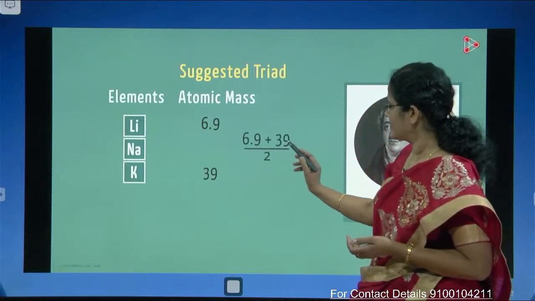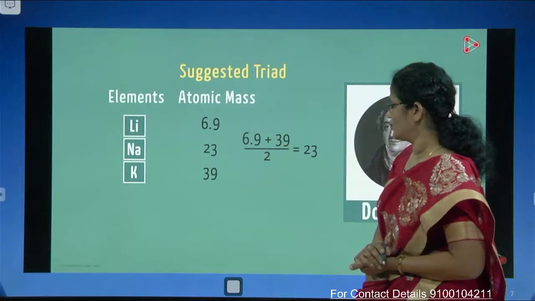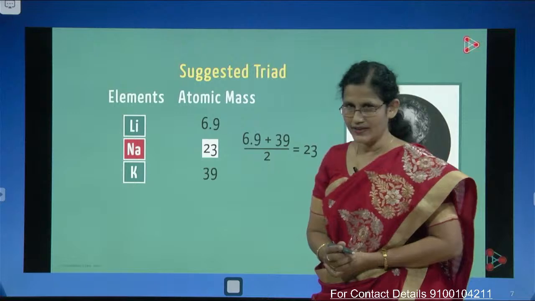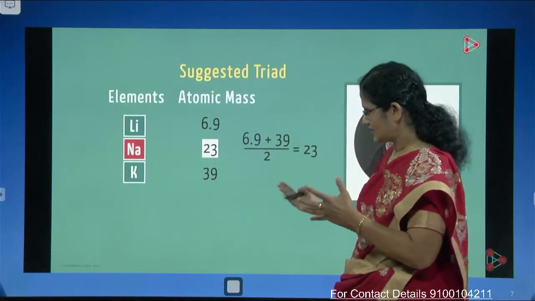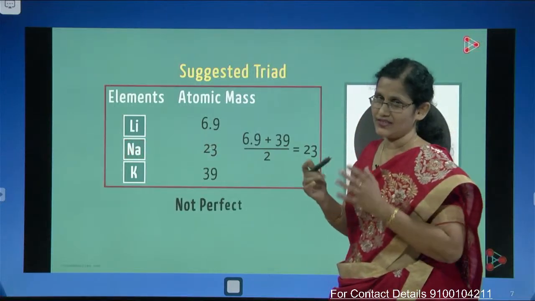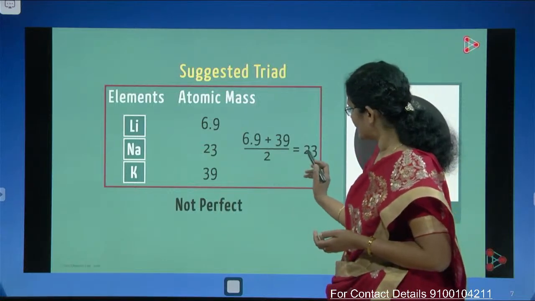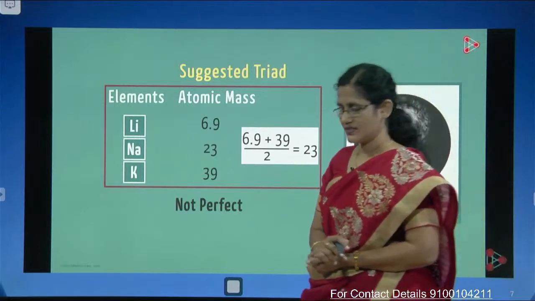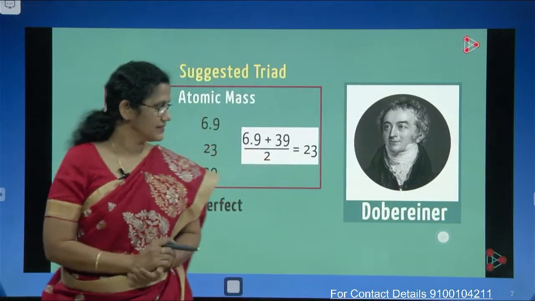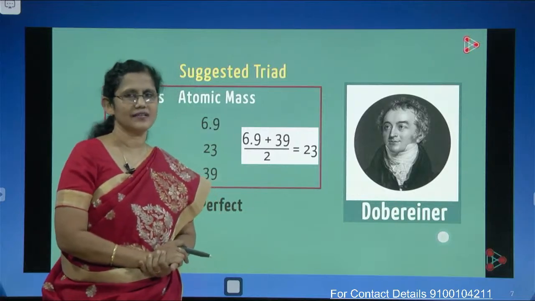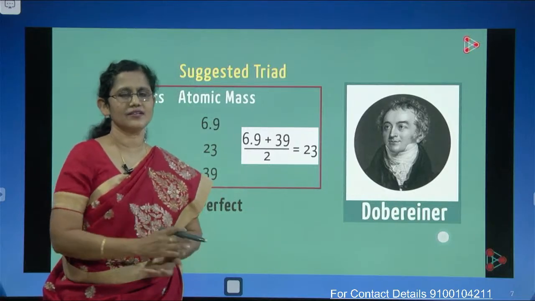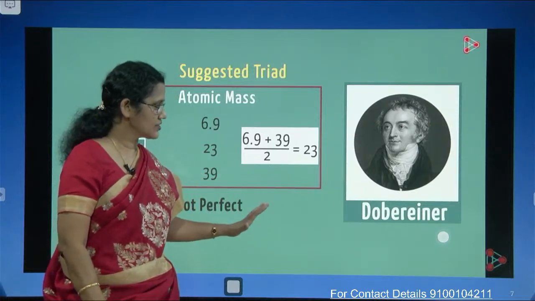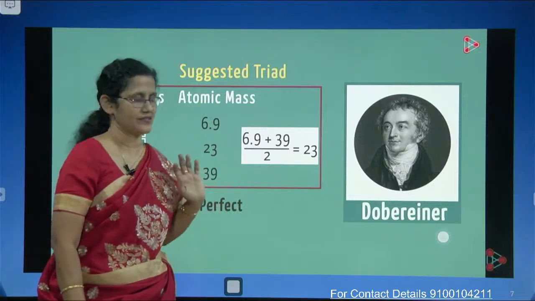If we take the average, 46 by 2, it is close to 23. But this did not work out for all other elements. If we take some other sets of 3 elements, this did not work out. So, this could be for few elements, right.